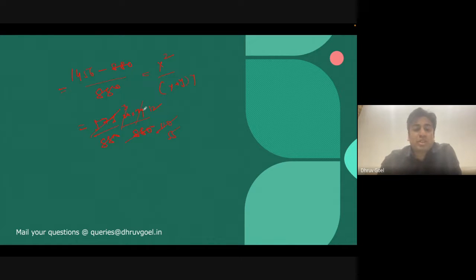So my value comes out to be 36 upon 55. If I compare this with my right-hand side equation, I get 6 squared upon (6 plus 5) into 5. That is x squared upon (x plus y) multiplied by y. So from here I can say my x is equal to 6 and my y is equal to 5. Now I know the formula of R, which is (x minus y) upon y into 100. So 1 upon 5 into 100, which comes out to be 20%. This is my R.